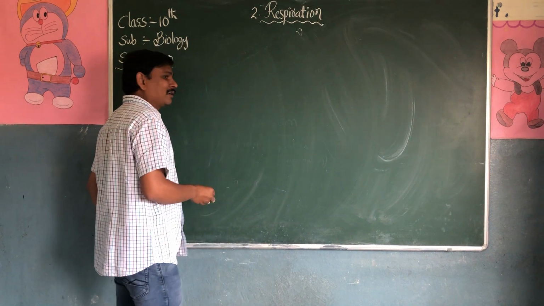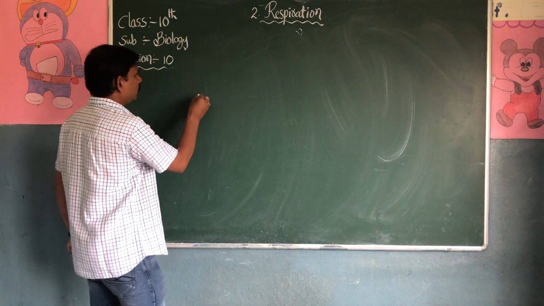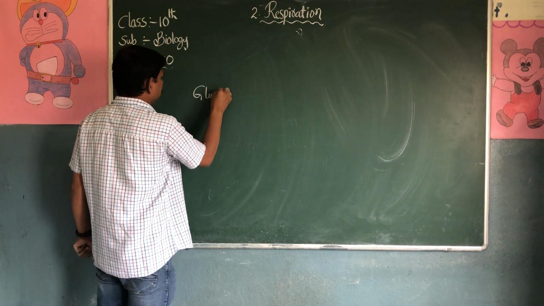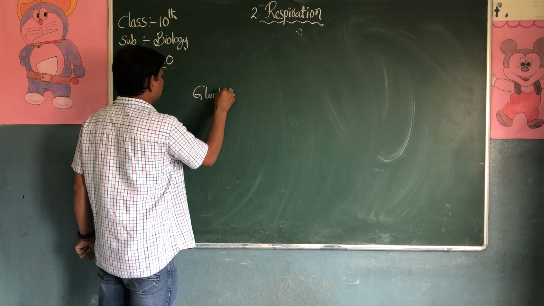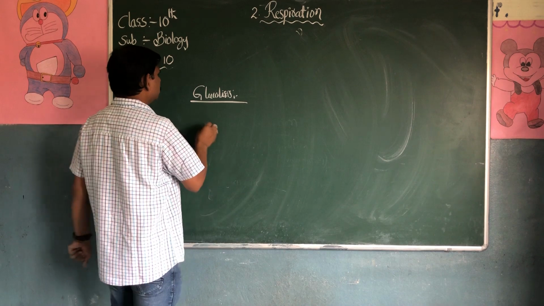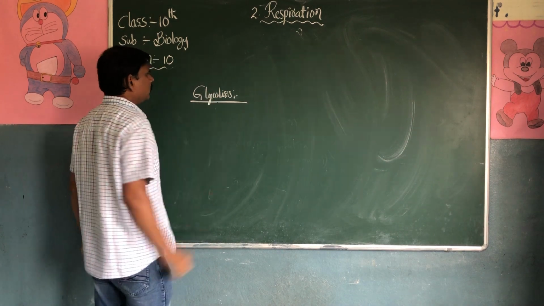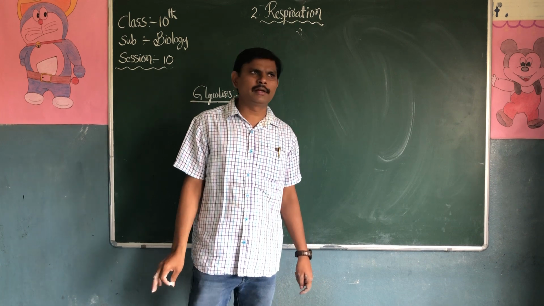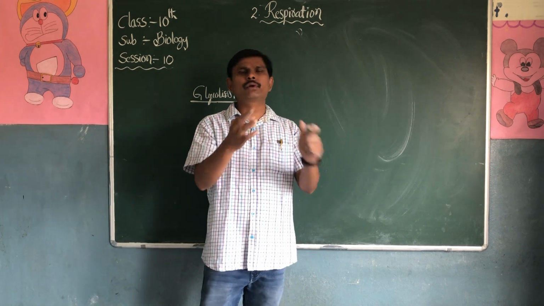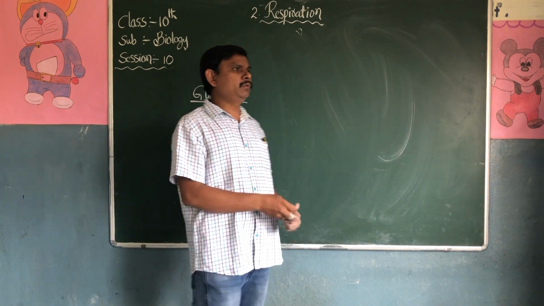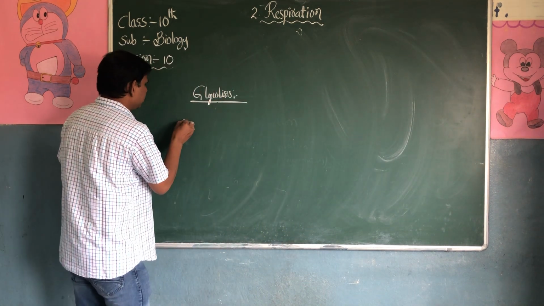It is called glycolysis. What is glycolysis? It is how the glucose breaks down to form pyruvates.